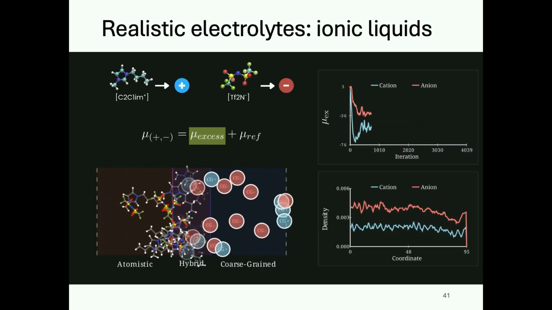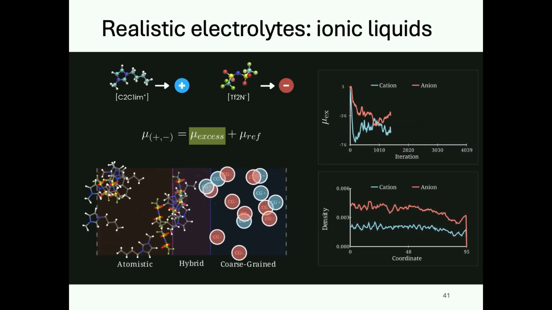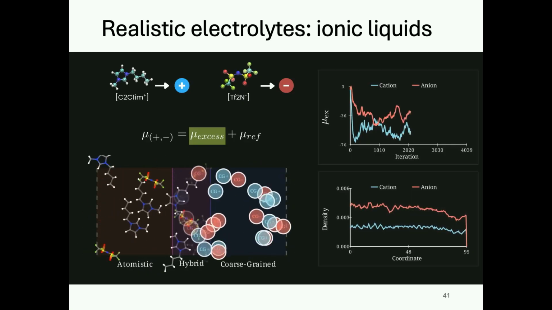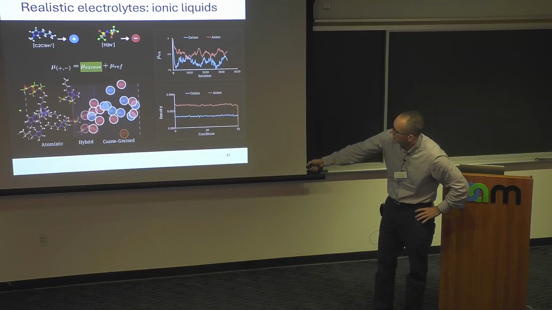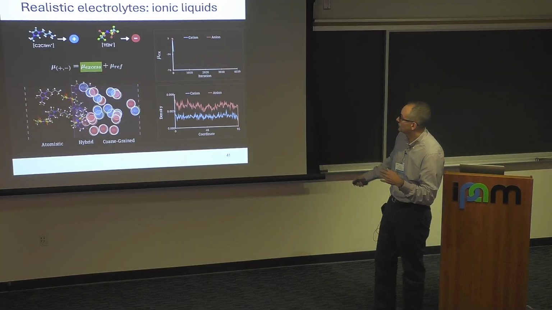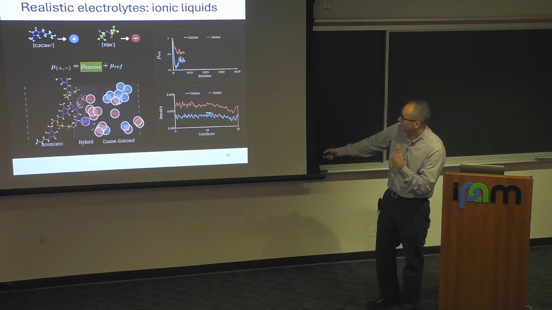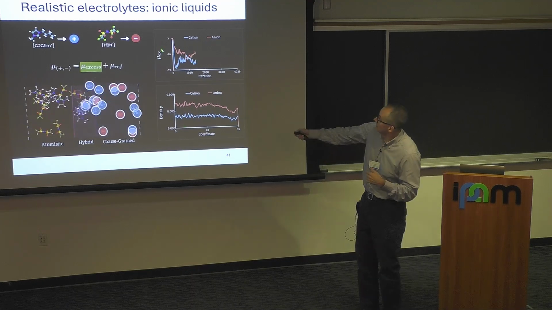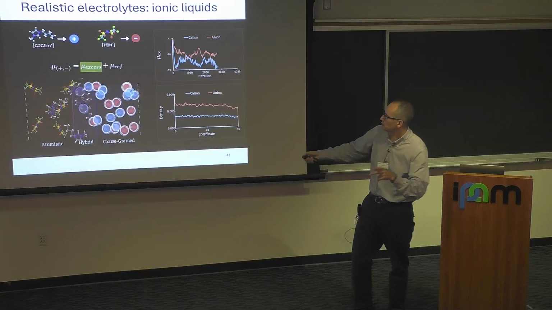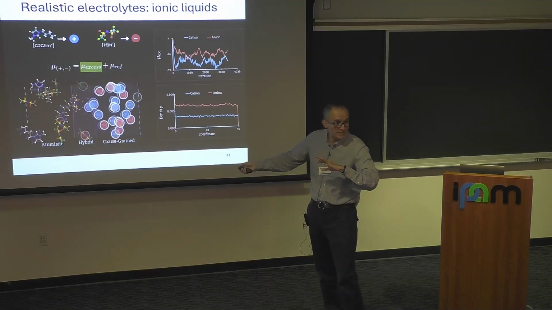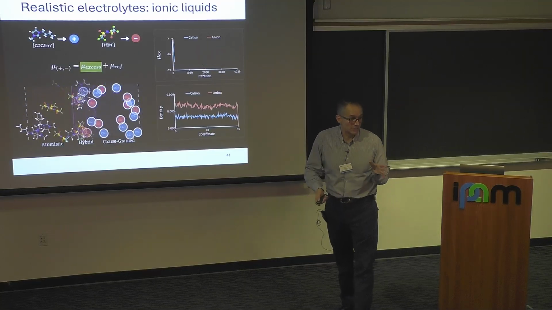The reference system in this case is just a Lennard-Jones plus-minus. In this plot, you see how the density profile is evolving with the simulation time. As this density profile becomes flatter, we are converging the so-called excess chemical potential, which is actually the difference in the free energy between these two representations.